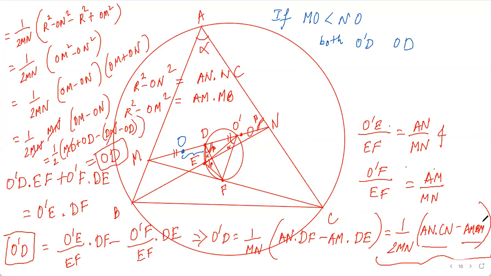I have to somehow prove that if this happens, then O and O dash will lie between M and D.